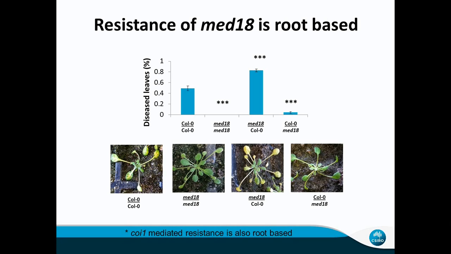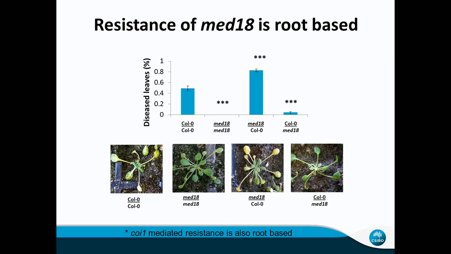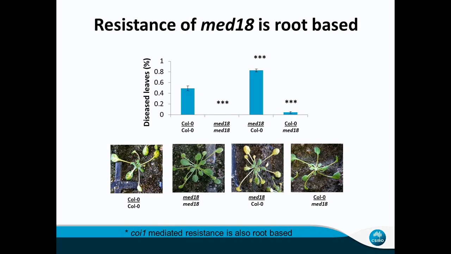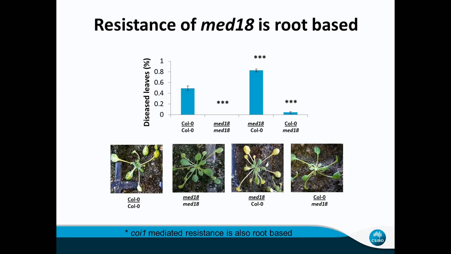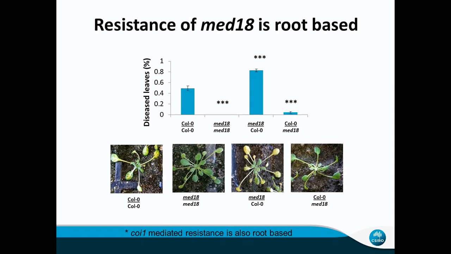So if you graft COI1 on COI1 or wild type on wild type, as you can see here, you get disease symptoms. And MED18 mutant grafted on MED18 mutant is resistant. But when you have MED18 as scion, you get disease development.